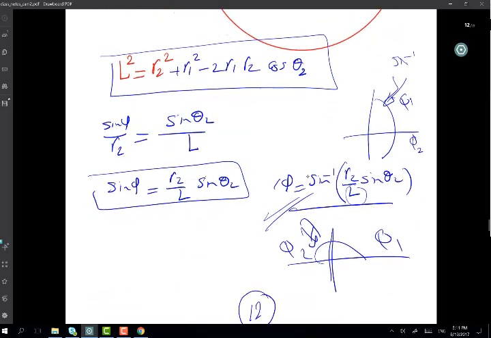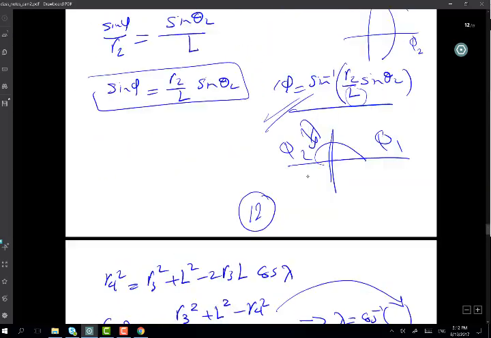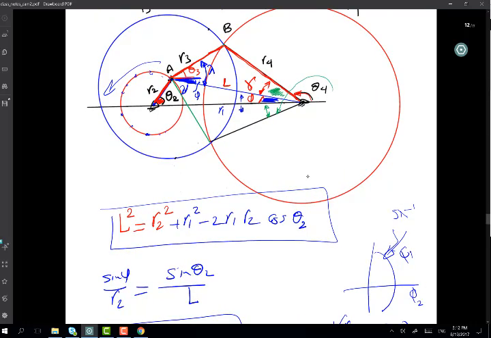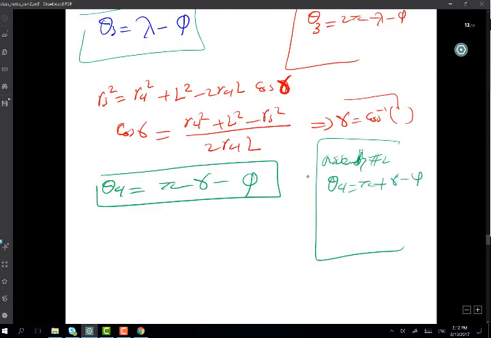So for assembly 2, for those initiated, theta 4 is equal to pi plus gamma minus phi, because gamma is this whole lot, so that's minus phi. This little bit here is gamma minus phi.